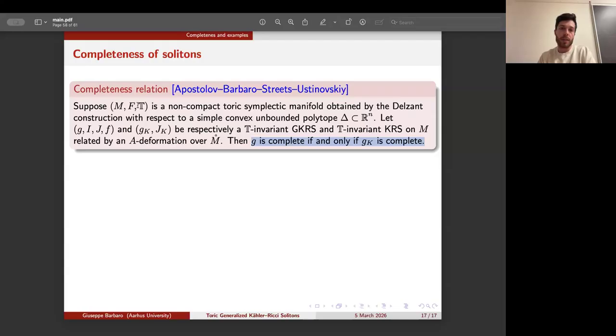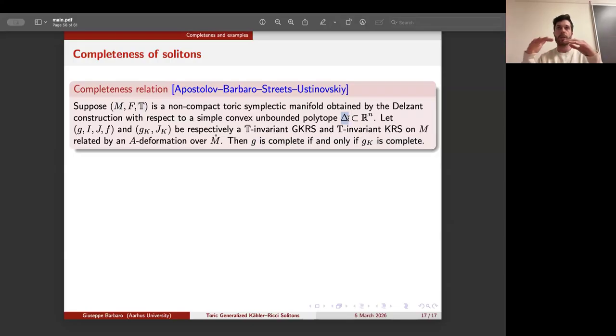And here you have this compact torus acting by isometries, so you can just remove it and study the properness of this distance function on the quotient. And the quotient M over this torus is going to be a manifold with corners, which is the polytope.